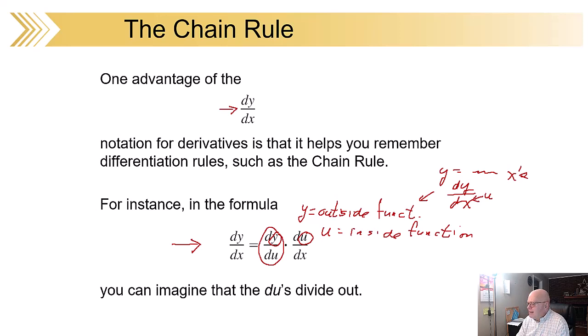U is the inside function. And what you're going to do is you're going to take that and find out what du dx is. Then you'll put these two together, because dy du, now the x's that you had became u's, and then take that times what you found with the other derivative, and that is going to give you the dy dx that you really want.